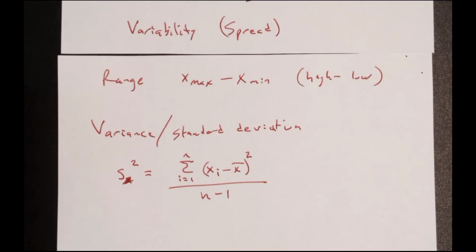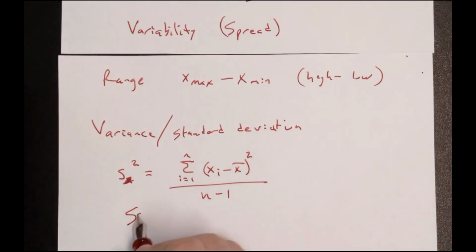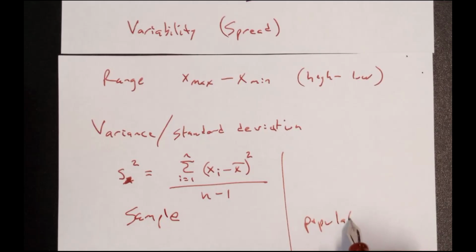Now, that's based on a sample, right? Because I've got X bar, I've got S. I'm using regular letters. That's sample. If I'm doing a population, I'm going to do the same calculation.